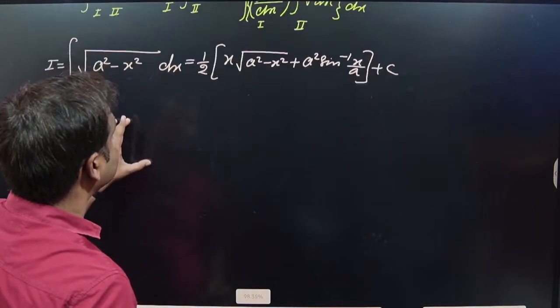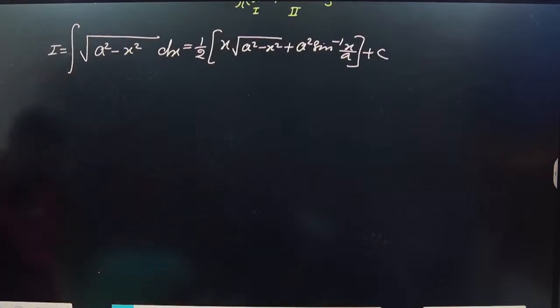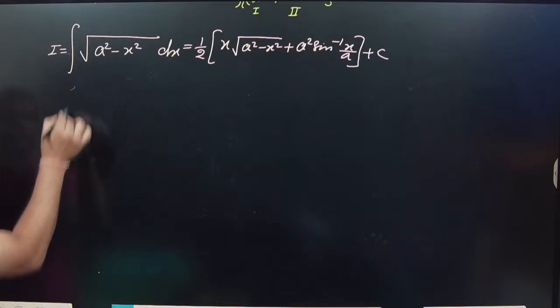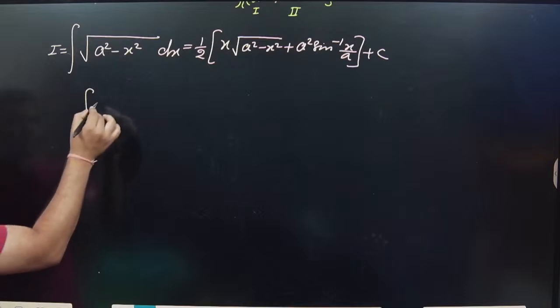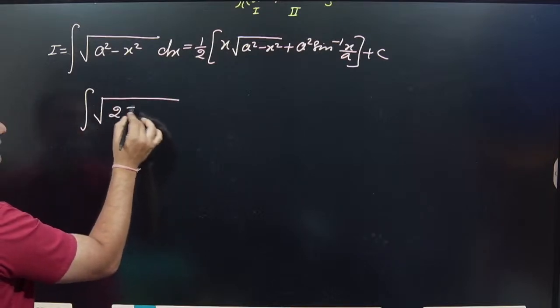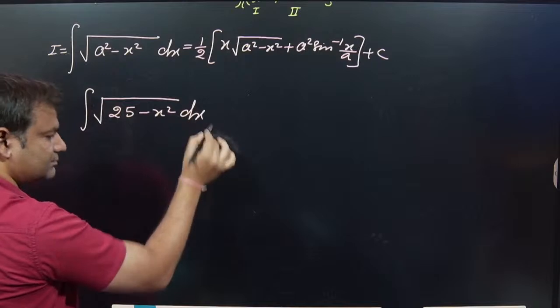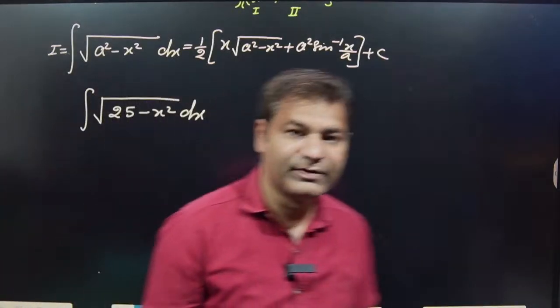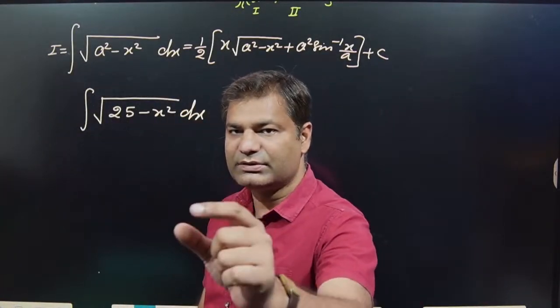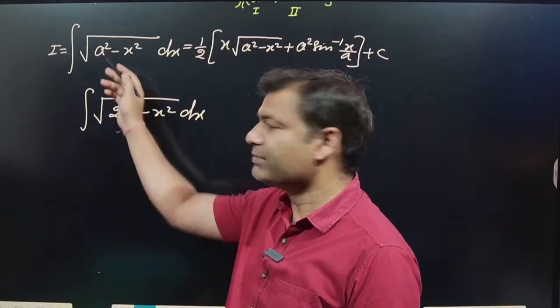Look here very carefully. Integration of under root 25 minus x square dx. How can we apply that formula here? Very simple. Simply compare this question to that one.